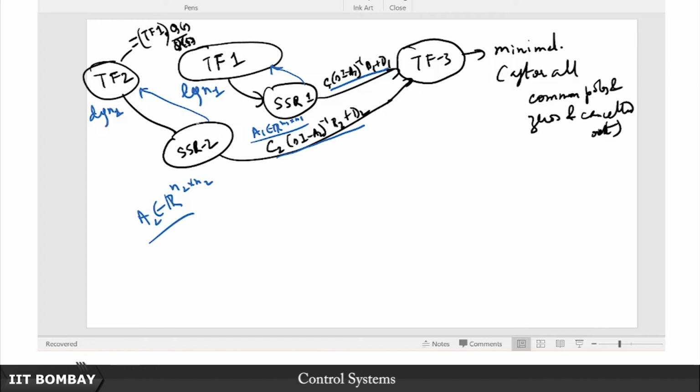You go back to its minimal form. So this TF3 effectively is equal to both TF1 and TF2, but technically TF3 is the irreducible, minimal form of the transfer function, and TF1 and TF2 could have some common pole zero cancellations occurring there, right.